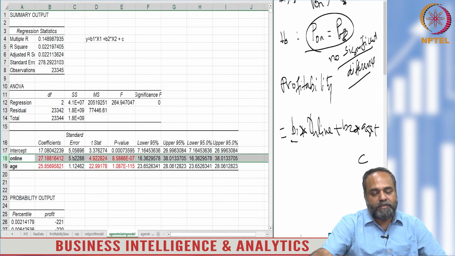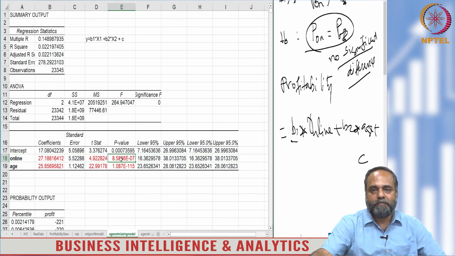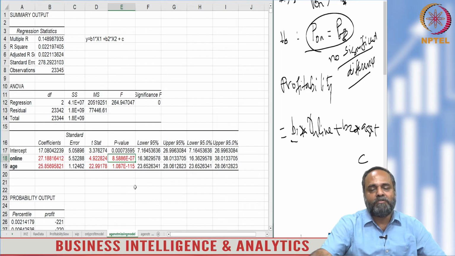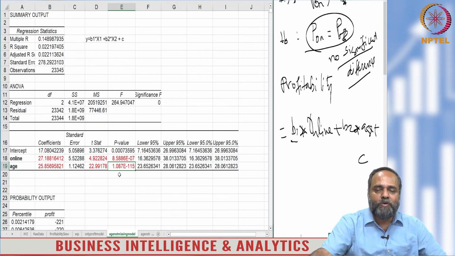The online variable, which was not significant previously, has now become significant. The p value is 8.58 into 10 to the power of minus 7, and the p value for age is 1.08 into 10 to the power of minus 115, meaning the p values are much lower than 0.05, the alpha.